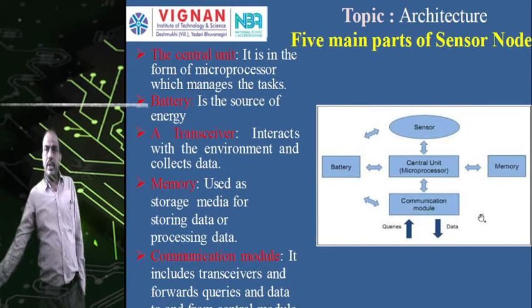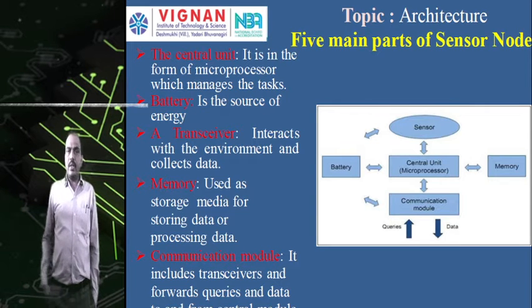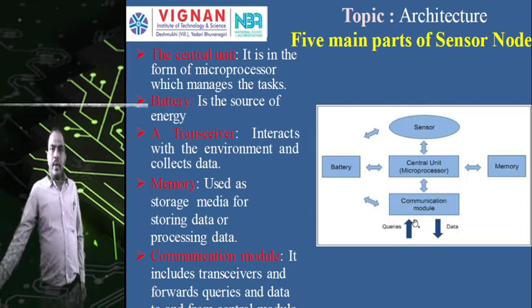So these are the 5 main parts of any sensor node: sensor, memory, communication module, battery, and central unit, that is a microprocessor, which we sometimes use. So any smart sensor network should have these 5 components. The central unit, maybe in the form of a microprocessor, manages the tasks, just like a computer.